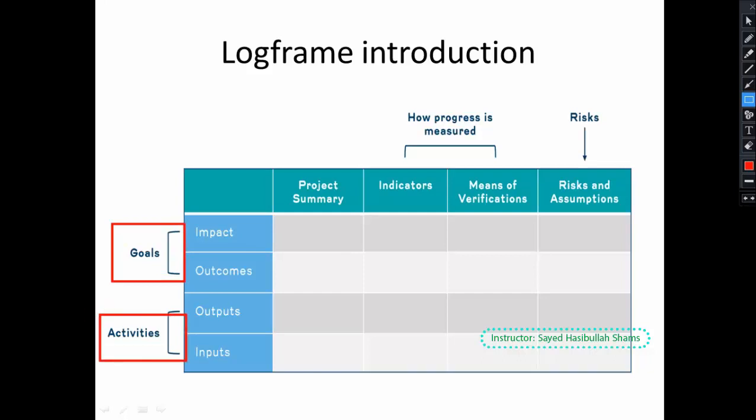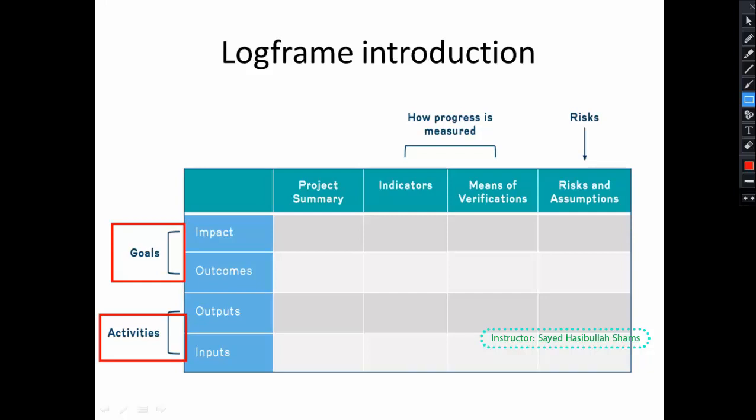Also, we have the project summary, and there are indicators and means of verification. It means that every indicator must have means of verification. Otherwise, it will not be an indicator if the means of verification are not available, and we will not understand how it will be measured and how to measure the success.